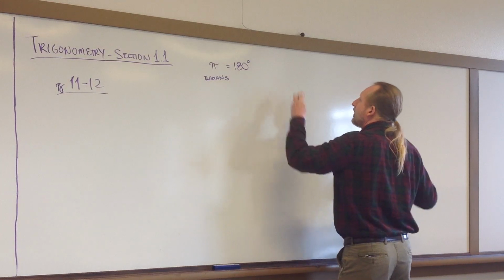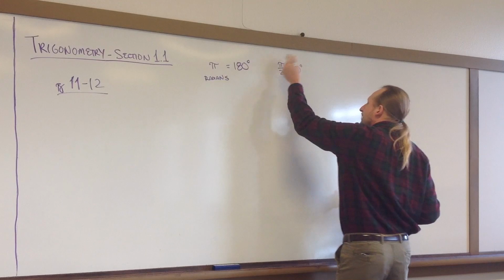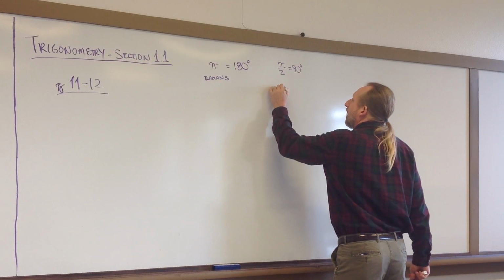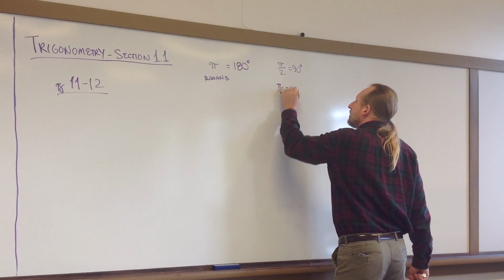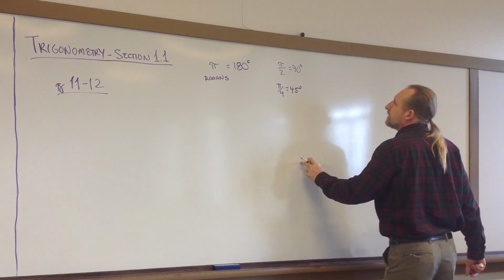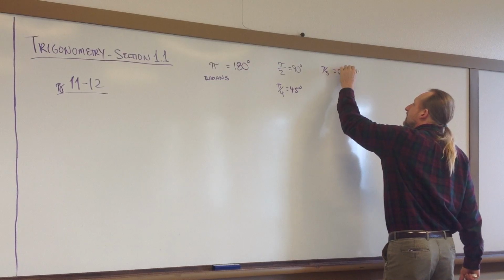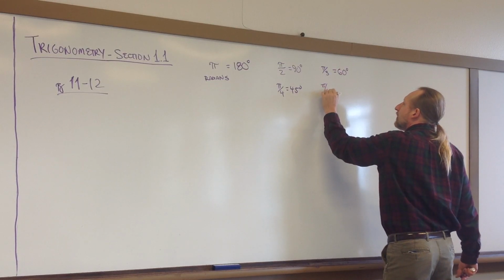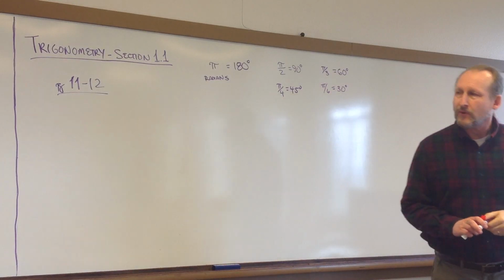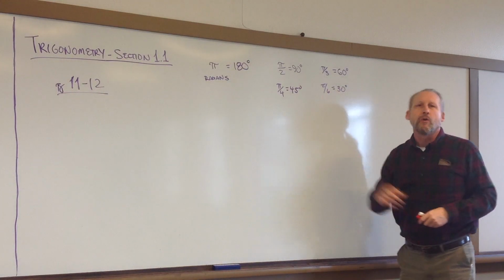That means pi over 2 radians is going to be 90 degrees. 180 divided by 2. Okay, what else? Pi over 4 radians is going to be 45 degrees. Let's see here. Pi over 3 radians is going to be 60 degrees. And pi over 6 radians is going to be 30 degrees. Okay, so those are some fundamental equivalences, and these are important angles.